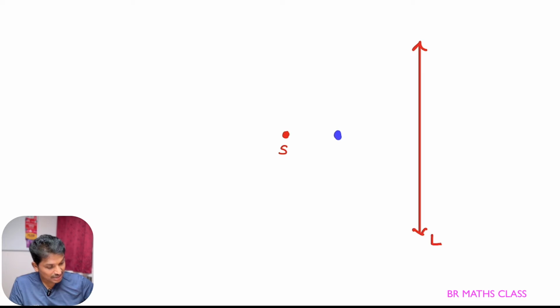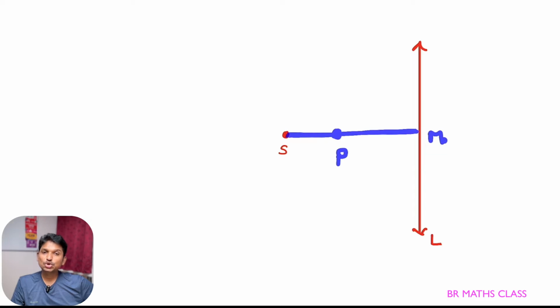For example, I'll take one point here. Suppose this point is P. The ratio of distances from this point P to S, the fixed point, and the fixed straight line, suppose this is PM. The ratio of distances from point P to the fixed point and fixed straight line is constant. How do you write that ratio? You write it as SP by PM, right? That ratio is constant and that constant is less than 1.